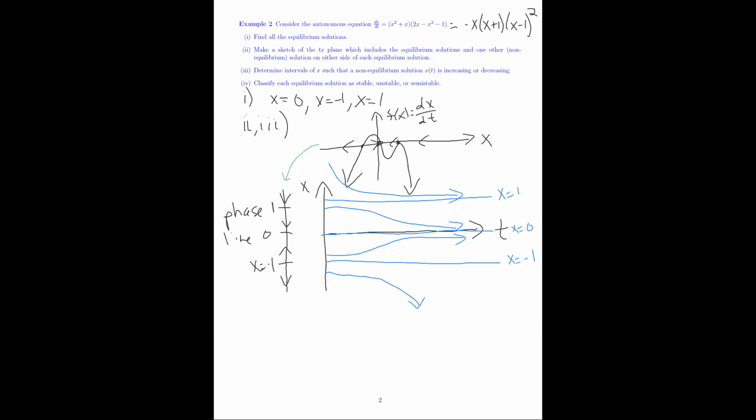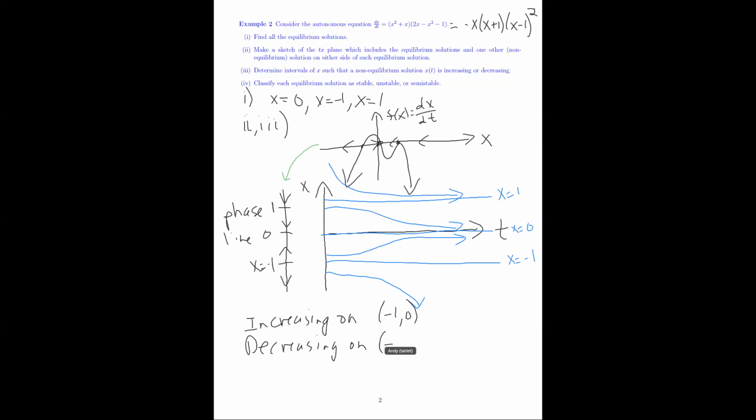We can also write part 3 just based on this information, and that is that our function is increasing on -1 to 0. We can use either the phase line or just look at the graph here that we just drew out to show that. And it is decreasing on all of the other intervals.